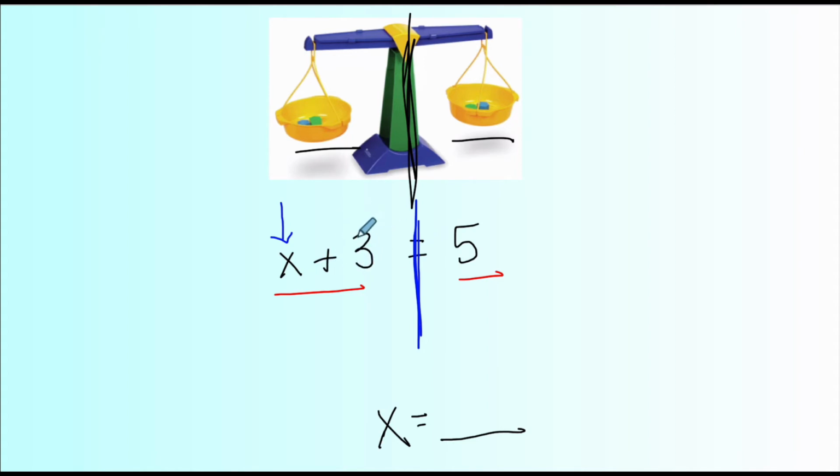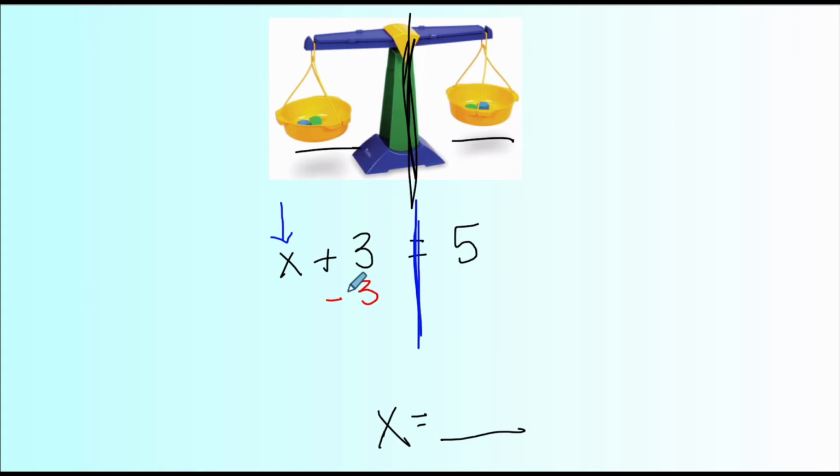So how do you get rid of plus 3? What's the inverse of adding 3? Well, I had said previously, every operation has an inverse, something that undoes it. How do you undo addition? You subtract. So the inverse operation here is subtract. So I am going to, on this side of the equation, subtract 3.